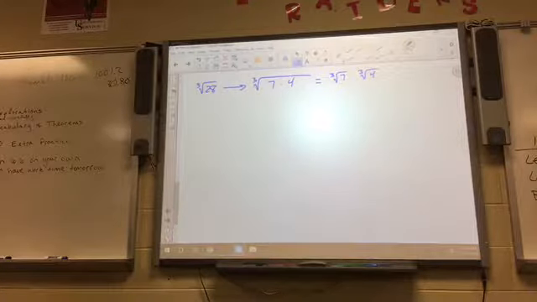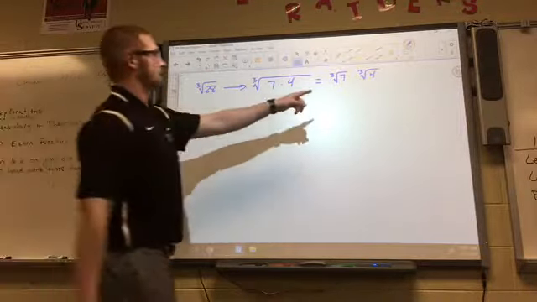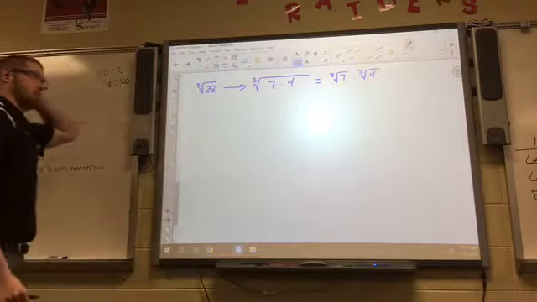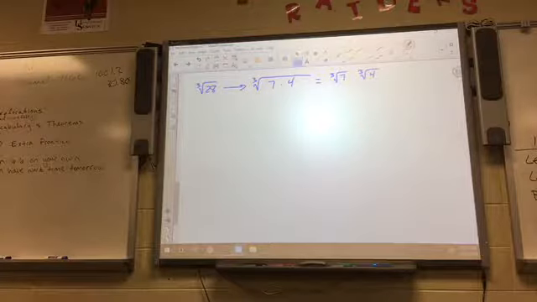But what you'll be using this property for is, for example, let's say you want to add it to the cube root of 4. Then you'd have 1 cube root of 4, and over here you'd have plus another cube root of 4. You're looking for common bases, trying to change it into that.